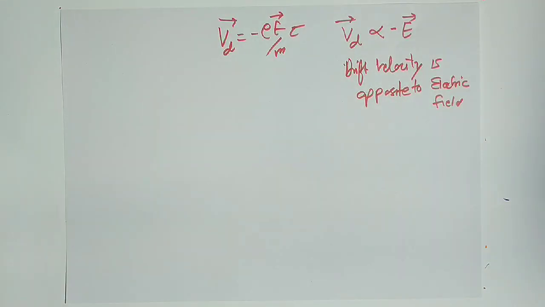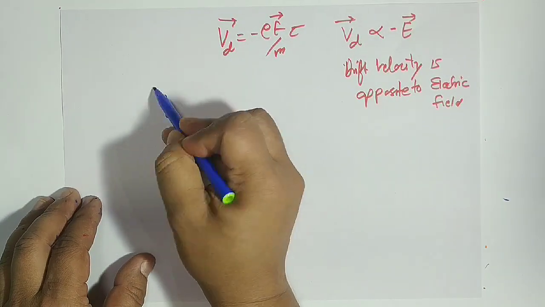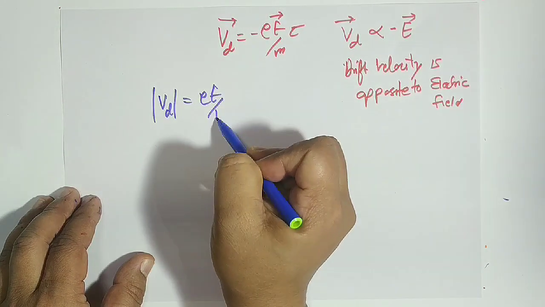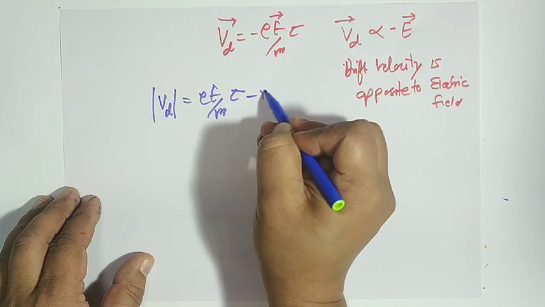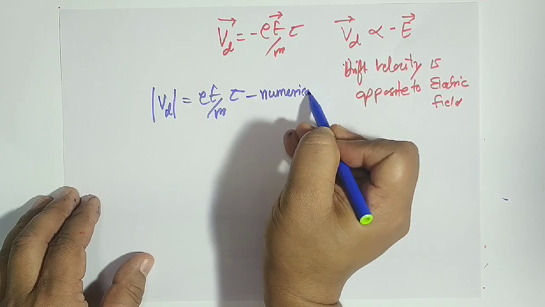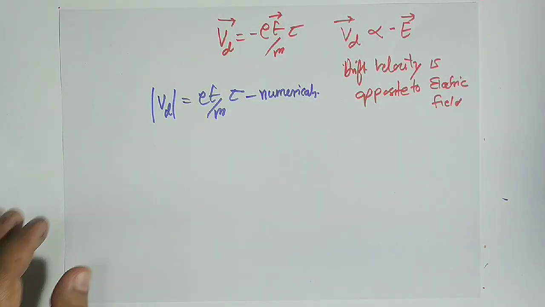And in numericals, generally we can take the modulus also. We know eE by m into tau. This we can use in numericals also. This is how the drift velocity comes.